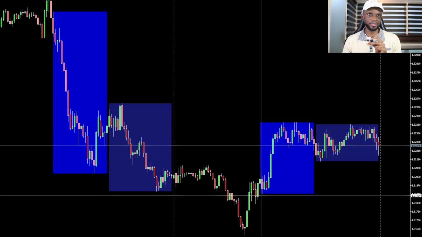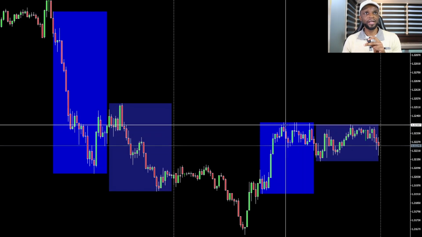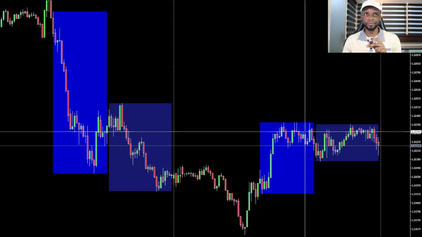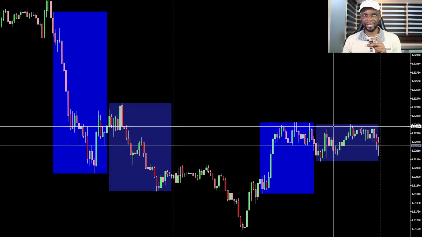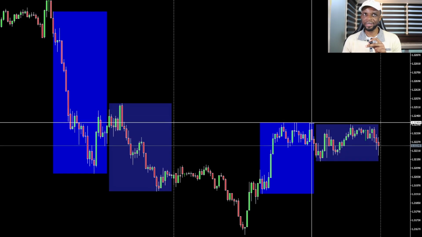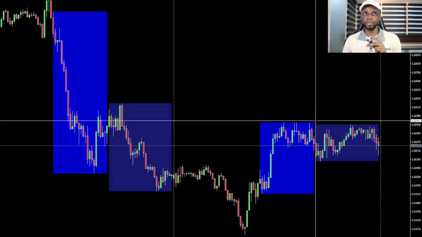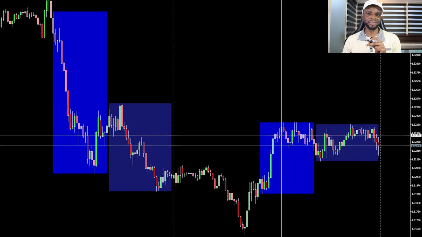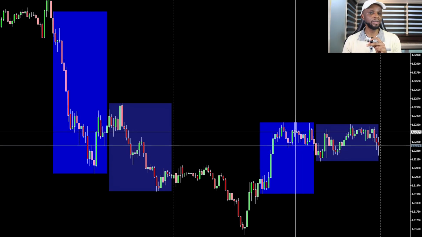Sometimes price goes in a certain direction in the London session, and then in the New York session, it will break the high of the London session and then go back in the opposite direction. So it reverses the direction of the London session.